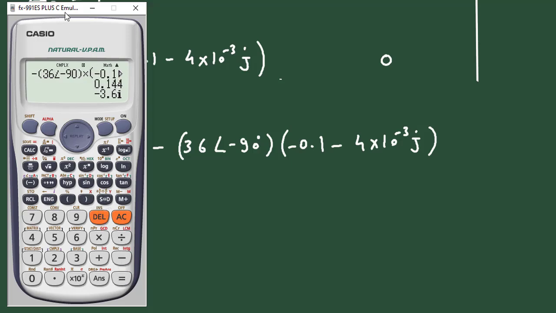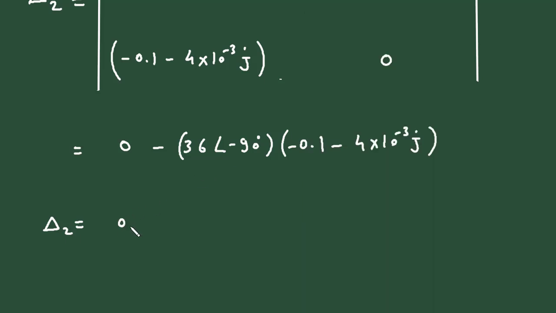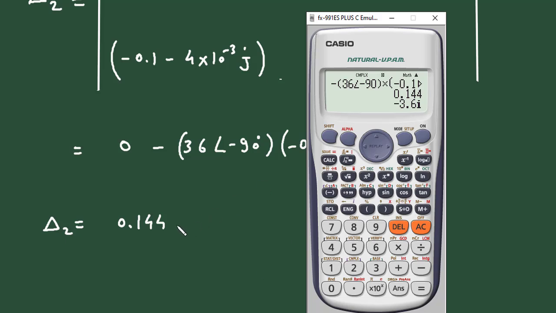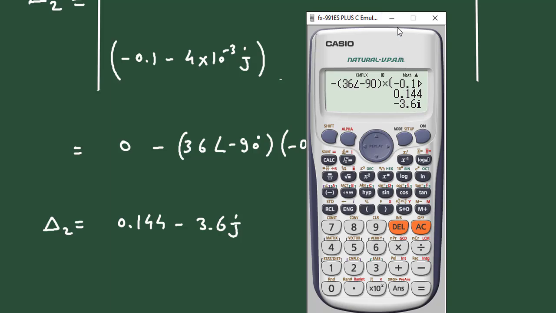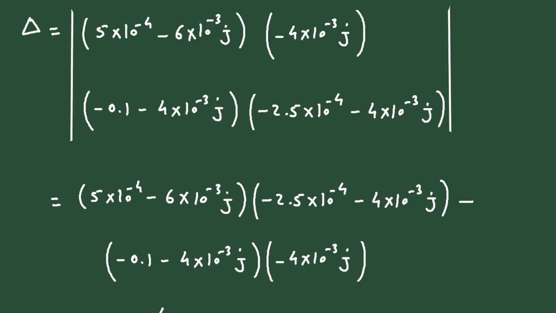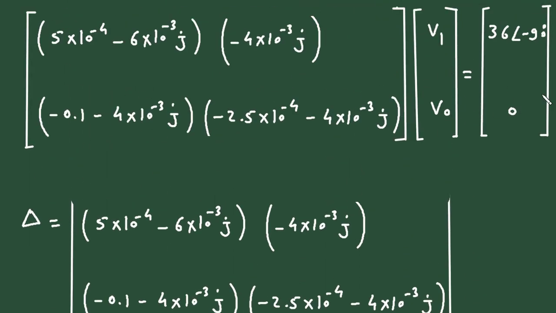It is equal to 0.144 minus 3.6 j. So now we got delta 1 and delta 2, so we can find the value of V1 and VO.